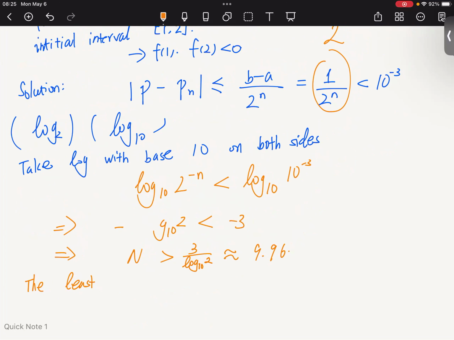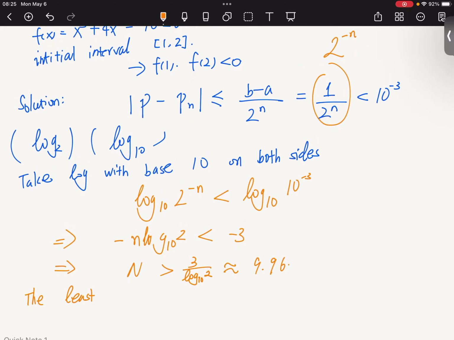It should be the small n here. The least iterations number we need is 10.